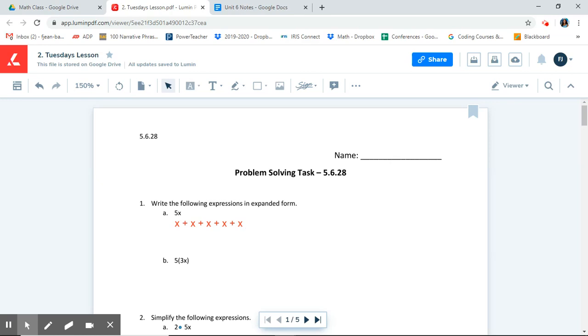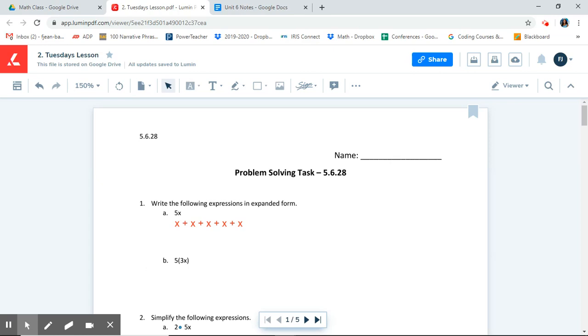B is a little bit different because now we have a 3 in front of the x, so we need to think about what repeated addition we're doing here. We're not doing x plus x plus x plus x plus x, because we need to account for the coefficient.